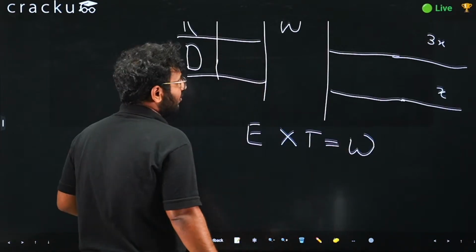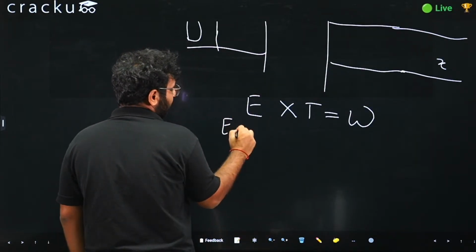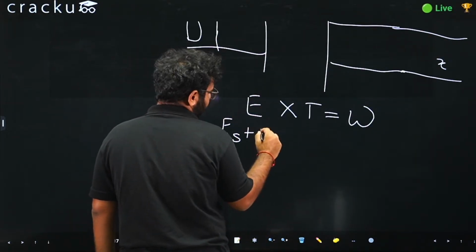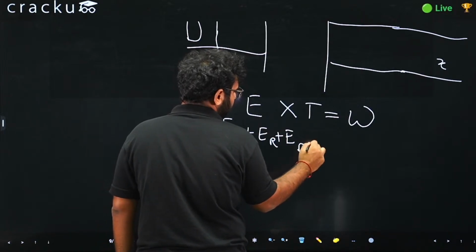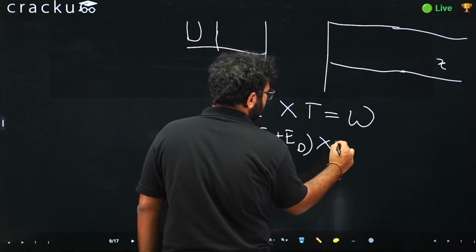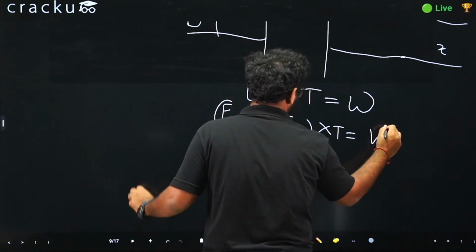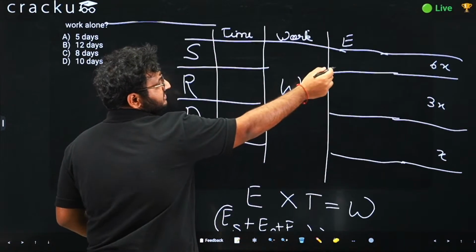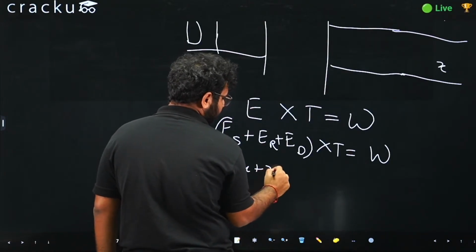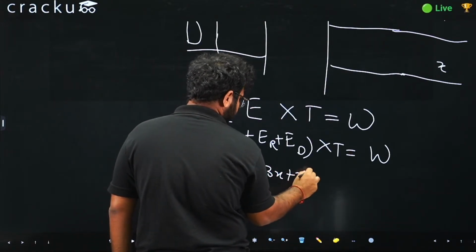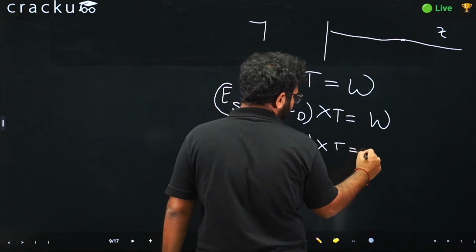Now they all three are working together, so Sam plus Ram plus Dhyan efficiency into time is equal to work. The efficiency of Sam is 6x, Ram is 3x and Dhyan is x, into time is equal to 1.